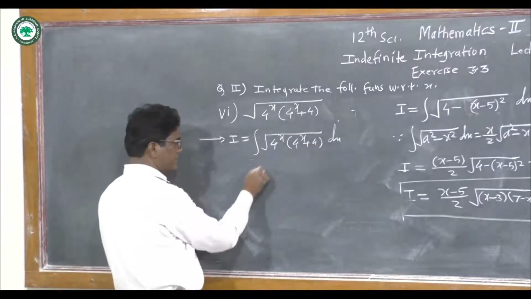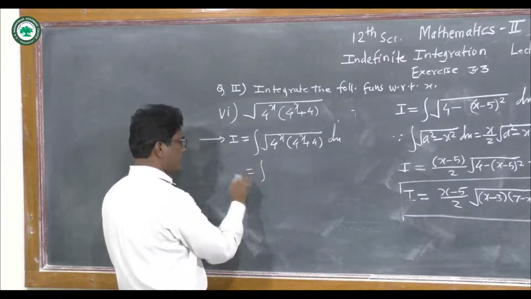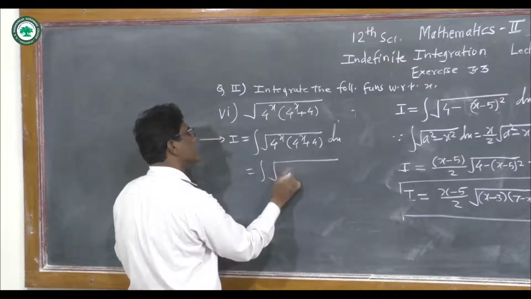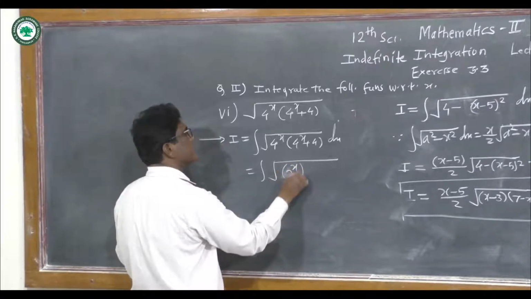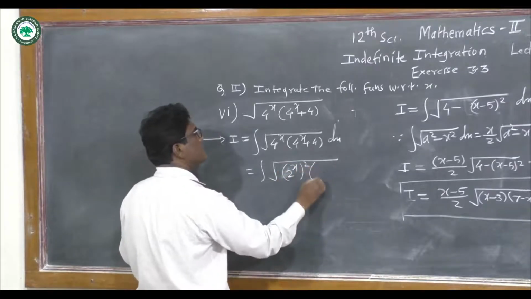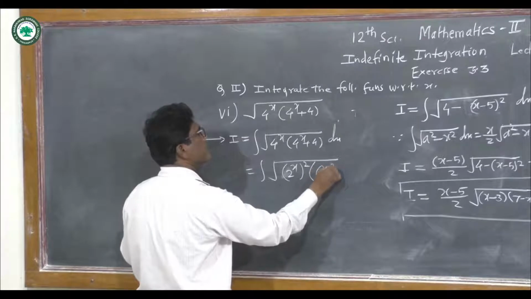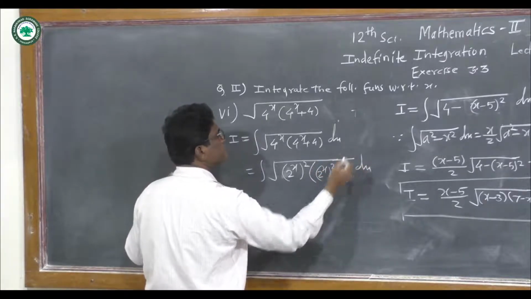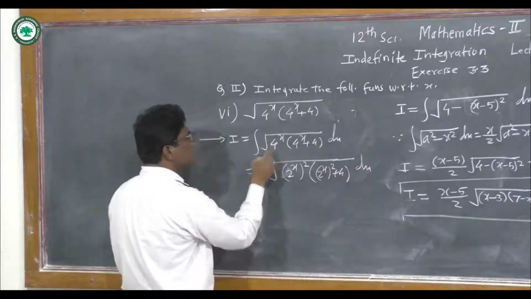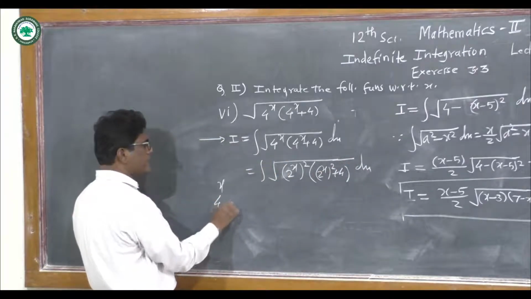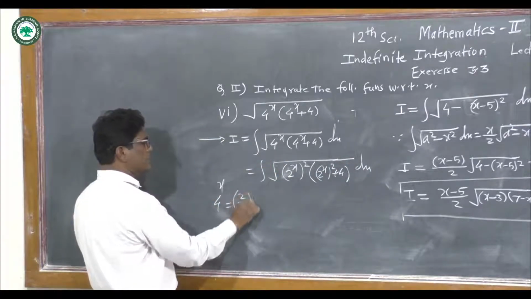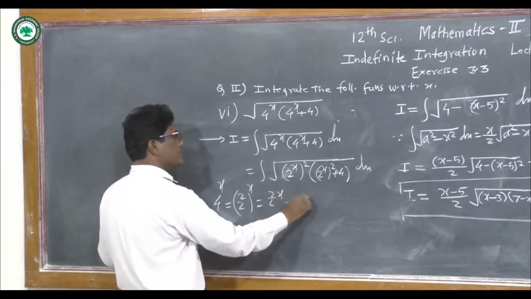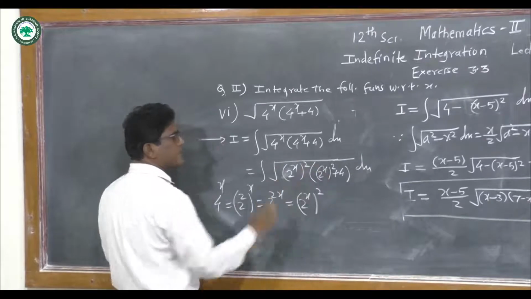So here this is equal to the integration of under root of, we write 4 to the power x as 2 to the power x, it's a square, and here also 2 to the power x, it's a square, plus 4 dx. So how do we write this? 4 to the power x, we write as 2 to the power 2x, which is equal to 2 to the power x bracket square.